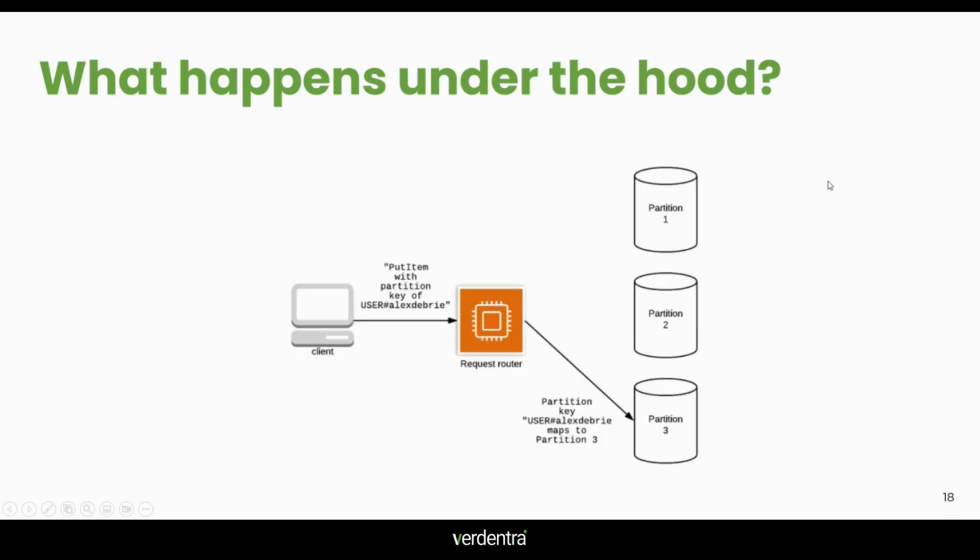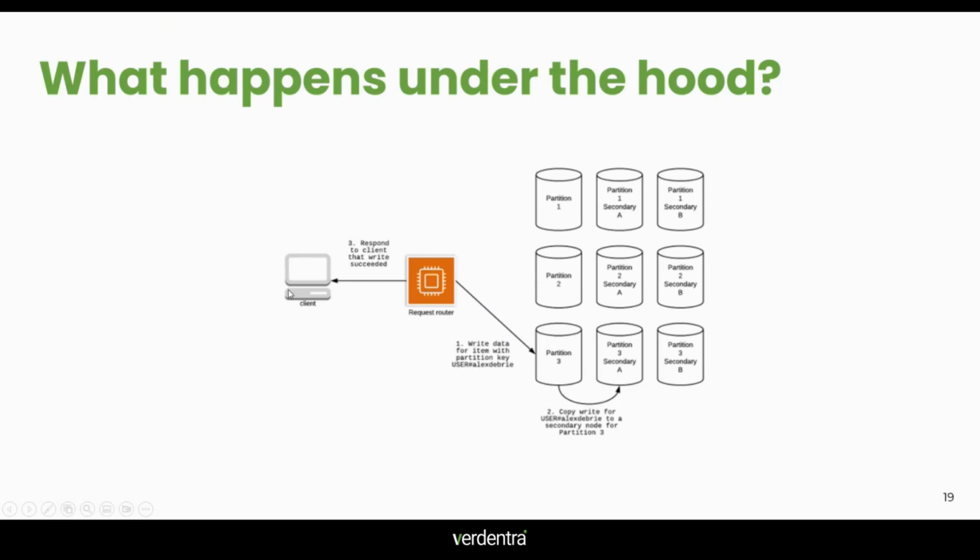All right, so what happens when you get a request? DynamoDB has something called a request router, which points to where your data actually is. If you get a put request with this key, it will hash it and identify that this must go into this partition.